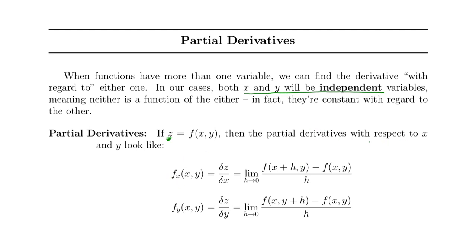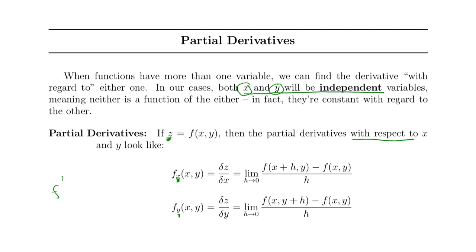We're going to talk about a derivative with respect to X and with respect to Y, and this is what it looks like. First off, we have to determine which one is going to act like the variable, which one is going to be the one that changes. When we have a partial derivative with respect to X, we write a little subscript X. When we have a partial derivative with respect to Y, we write a little subscript Y. We can't just use this prime notation because we have to denote which of the X and Y independent variables we're talking about.